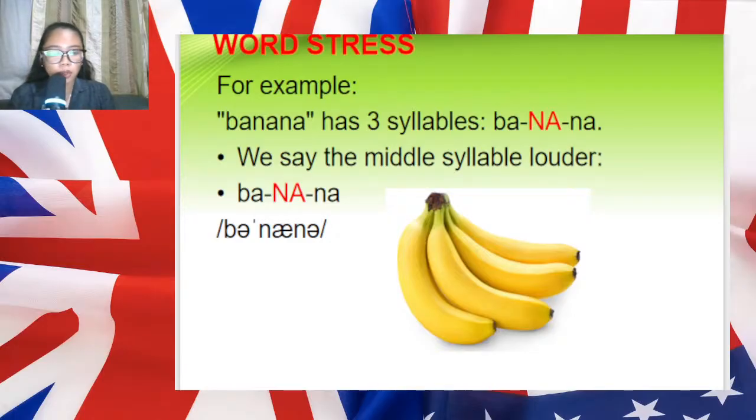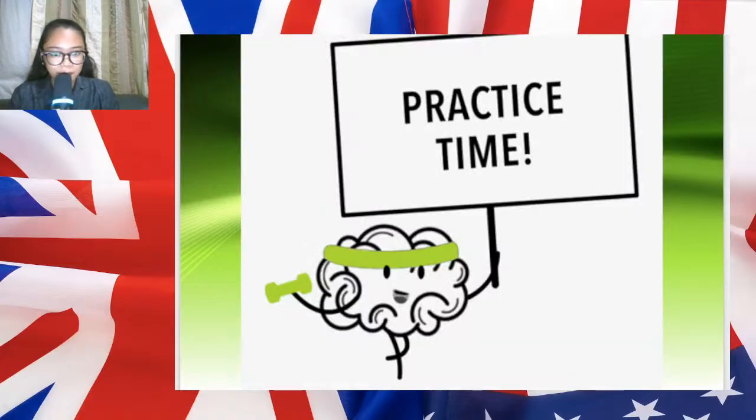Okay, what stress is. I think you also understand what word stress is, I believe, if you were able to learn some English before this. Of course, I've mentioned here, this is where we shift from learning about word stress to actually using it. And just like the brain lifting weights in the picture, we're about to give our pronunciation muscles a little workout.